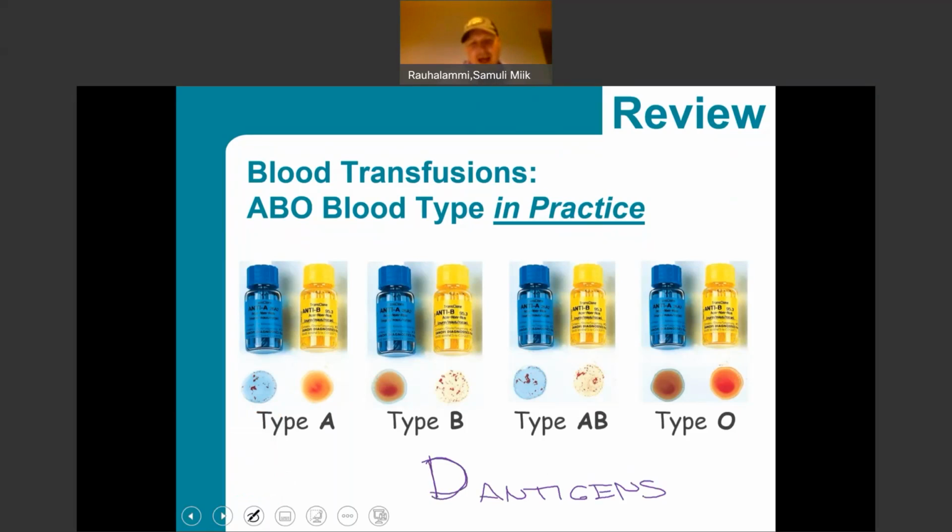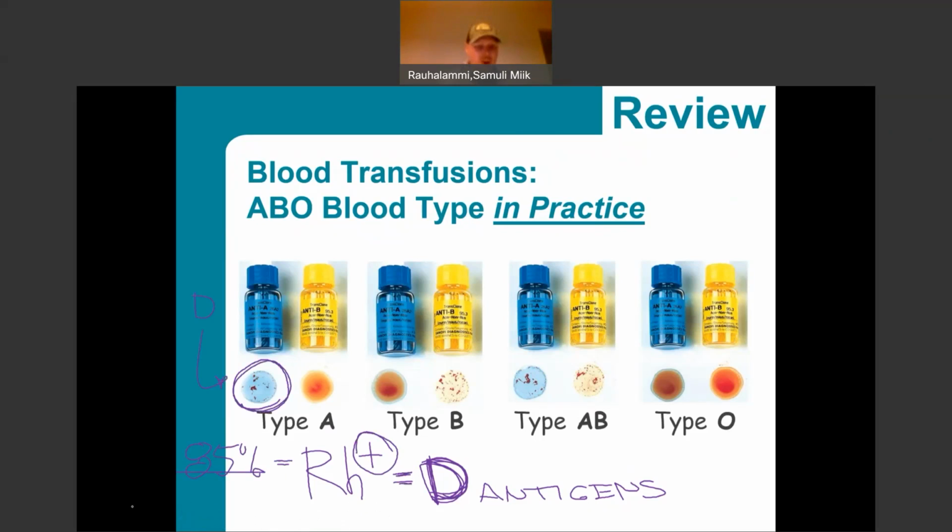And you remember, if you had D antigens, that meant that you were Rh positive. So therefore, if your blood formed this agglutination reaction with anti-D serum, it meant that you were Rh positive. And this was the case for 85% of Americans. So if you're in that group, you're in a good group. You're amongst a lot of your peers.